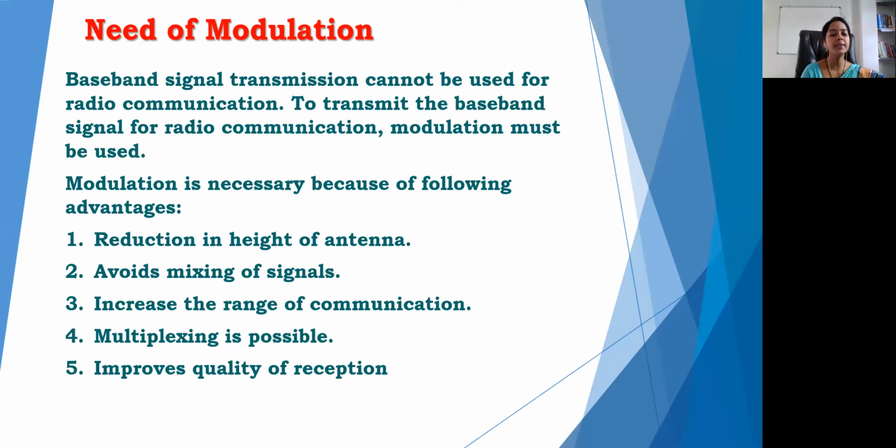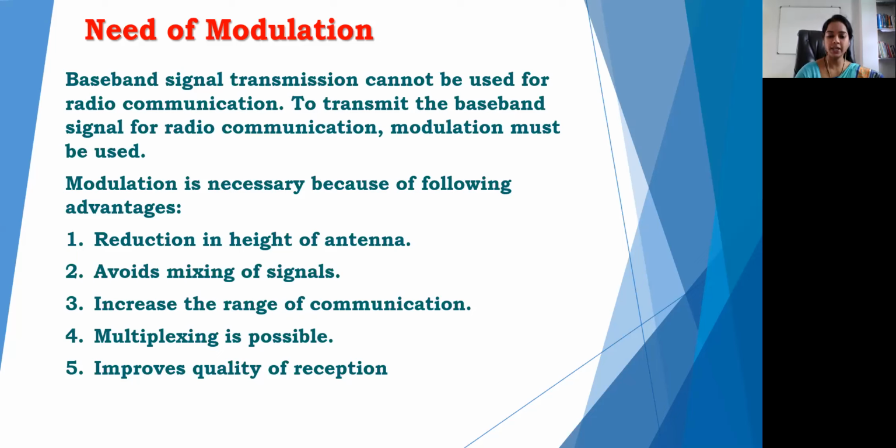So what are the basic advantages of modulation? We are going to see here. The first and very important advantage is reduction in the size of the antenna. Second, it avoids the mixing of signals. Third, it increases the range of communication, meaning the bandwidth we get after modulation increases.